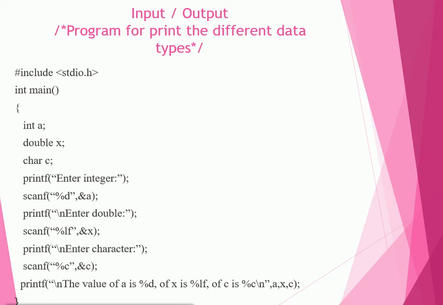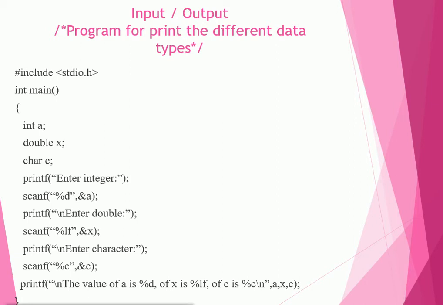For example, we have seen the input output program to print different data types. Here we have given the example: #include <stdio.h>, int main, int a, double x, char c. Enter an integer, we accept the integer. For scanf, if we are accepting an integer value, you have to mention %d, it is the syntax.